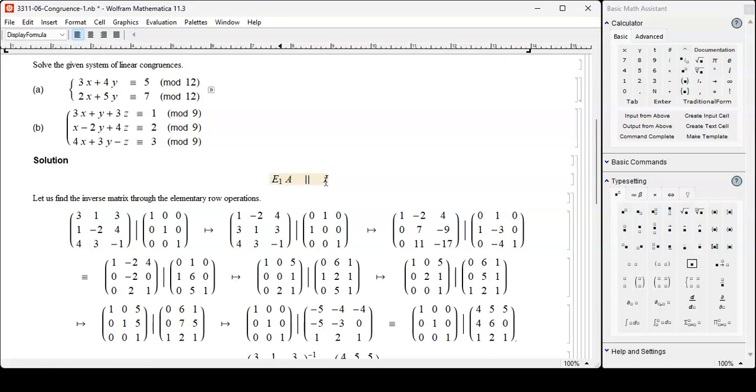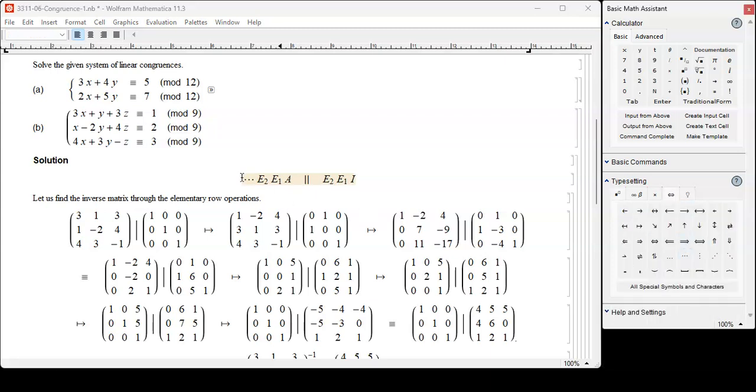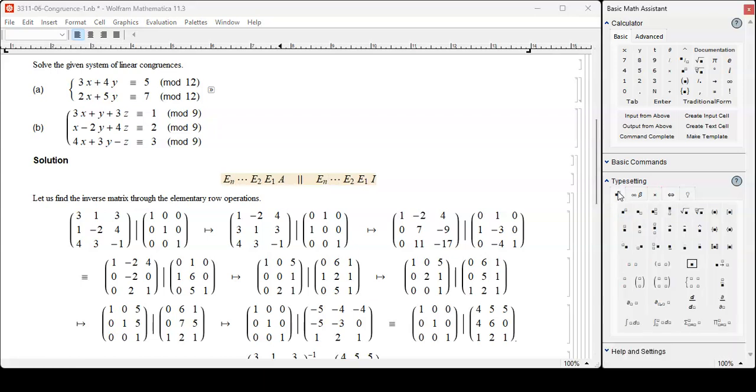So that computation E1 is done, and then another is done, E2 is done, and so on and so forth, and we do that many, many times. Let's say we do that n times. And then, what if this entire thing turns out to be I?